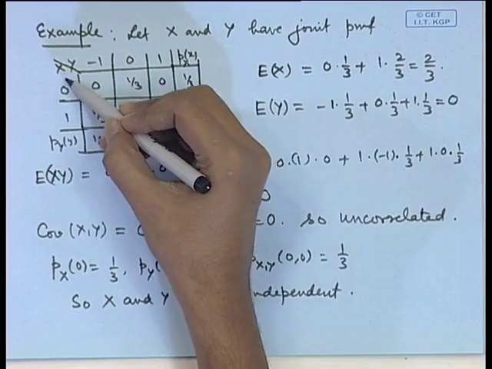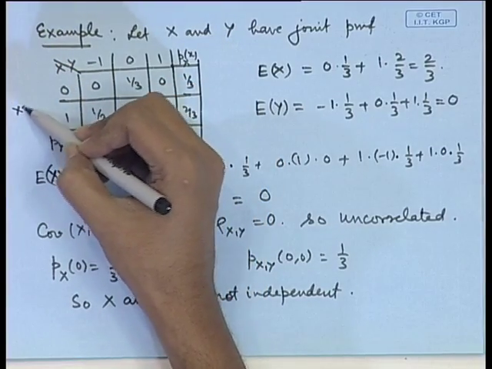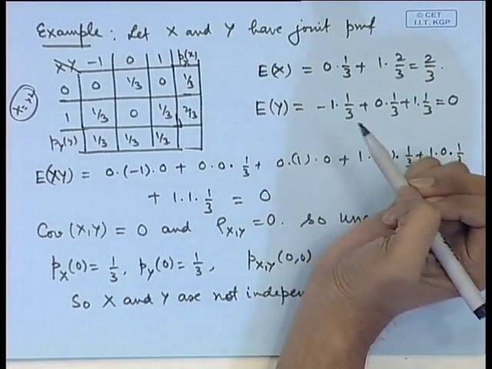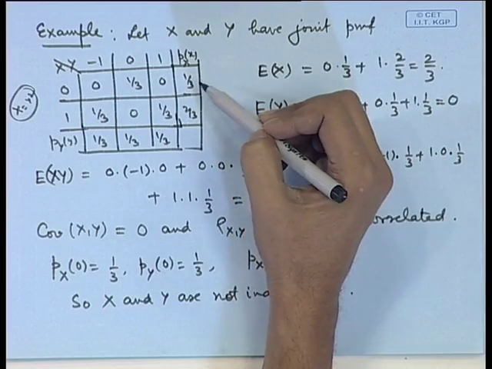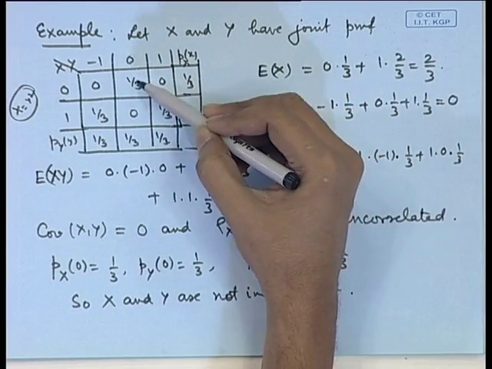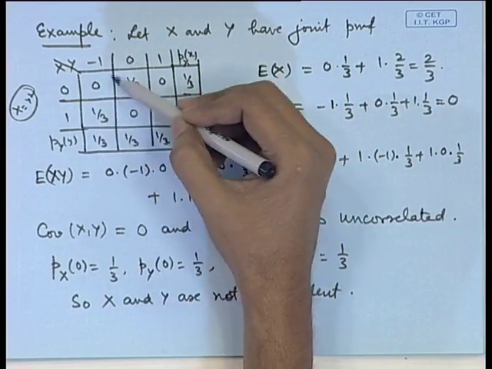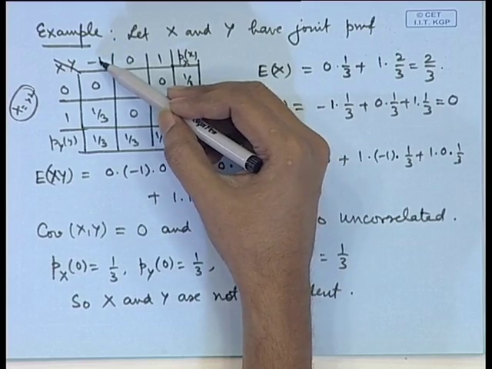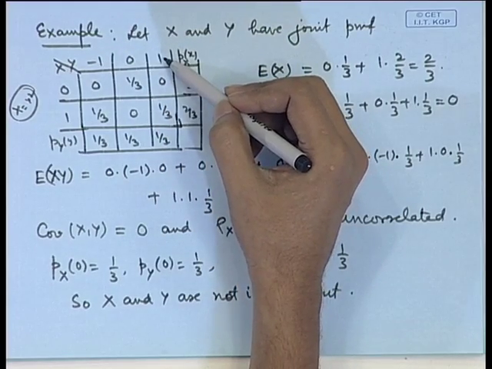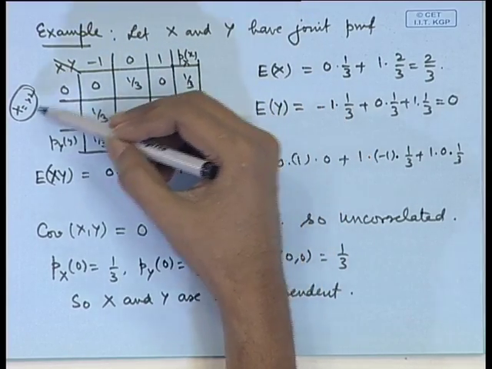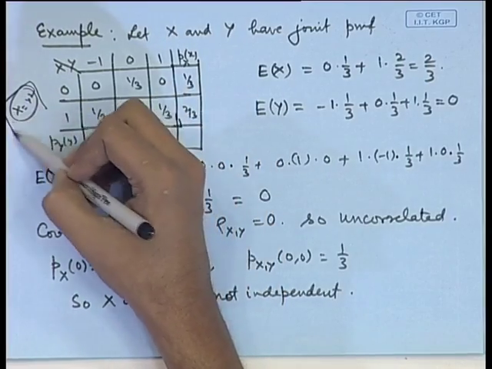So, if they do not have a linear relationship, the random variables may become uncorrelated, but that does not mean that they are independent. For example, even in this problem, it may happen that x is actually y square, because the probability that x equals 0 is the same as the probability that y is equal to 0, and the probability that x equals 1 is the sum of the probability that y is equal to minus 1 and the probability that y is equal to 1. So, this could be a non-linear relationship.